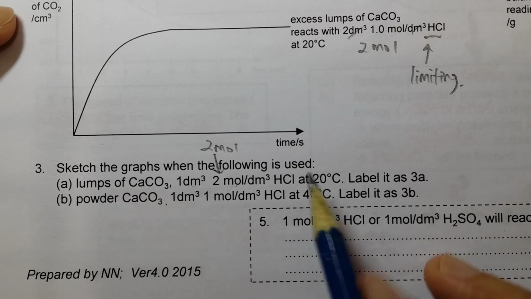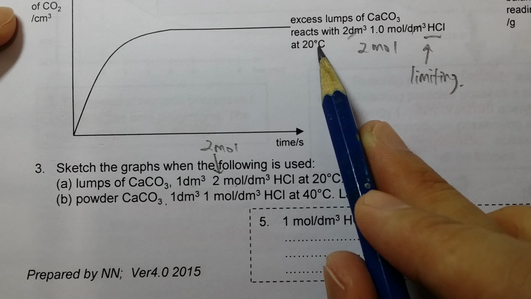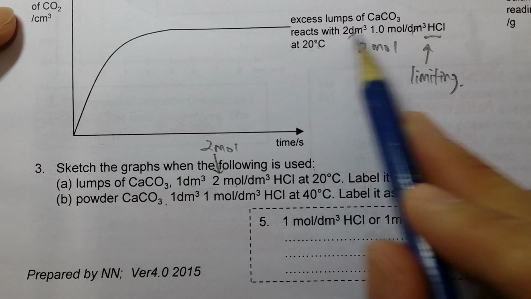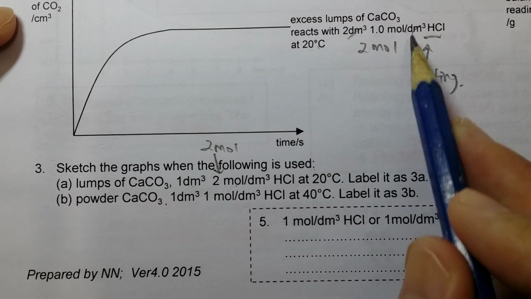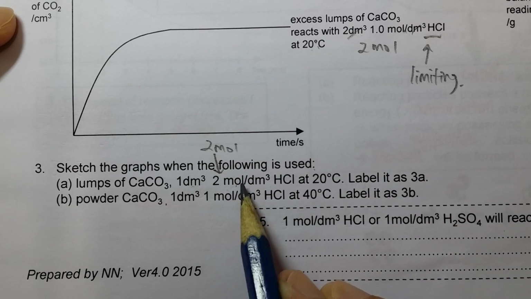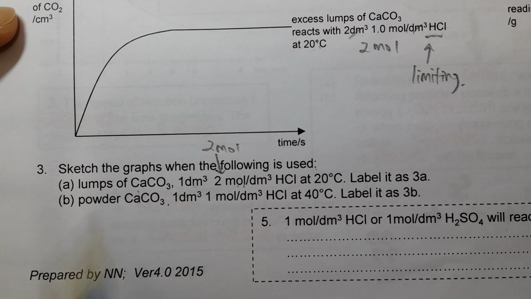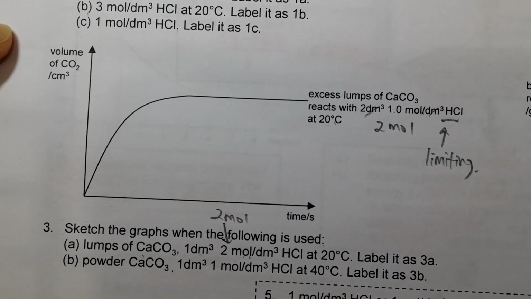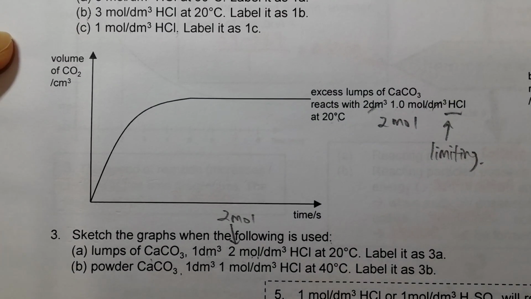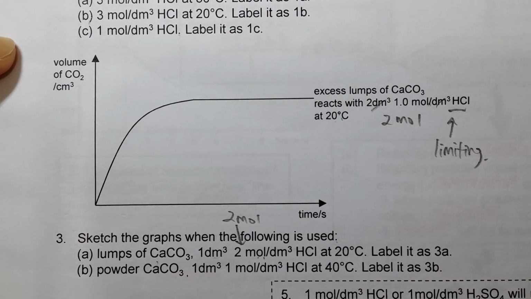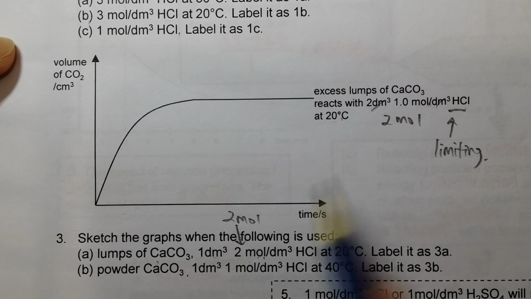How about the gradient? 20 degrees Celsius, 20 degrees Celsius. How about the concentration? 1 mole per dm cube, 2 mole per dm cube. So 3A is more concentrated, meaning that it would have a steeper slope, steeper gradient, same height because same amount of limiting reactant.